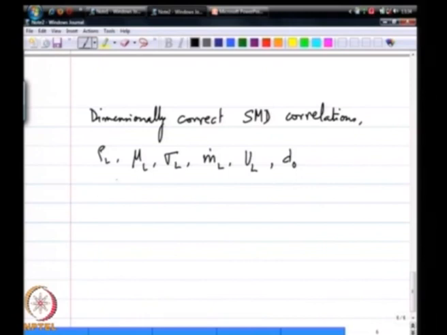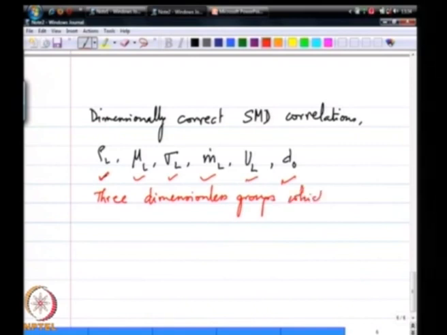So, if I go through this, I have 1, 2, 3, 4, 5, 6. If I go through the dimensionless grouping, I am expecting to find 3 dimensionless groups which are important.